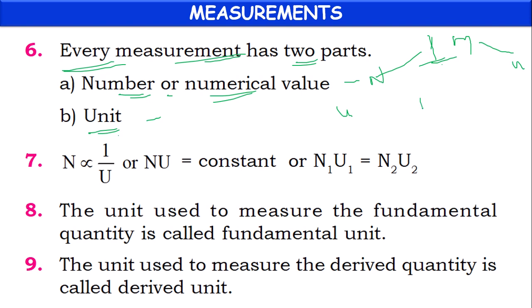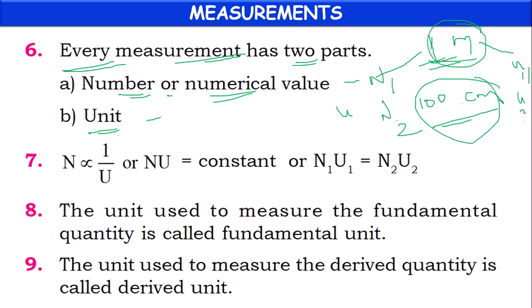Same, 1 meter equals 100 centimeter. Both the values are same, but the numerical part is different, unit part is different. This is N1 U1, this is N2 U2. Numerical parts are different, unit parts are different, but still both the values are same.